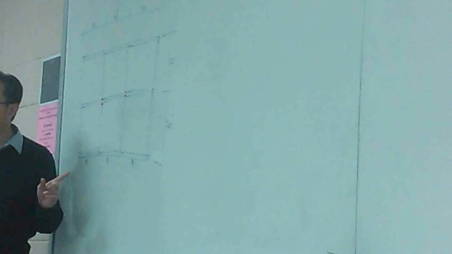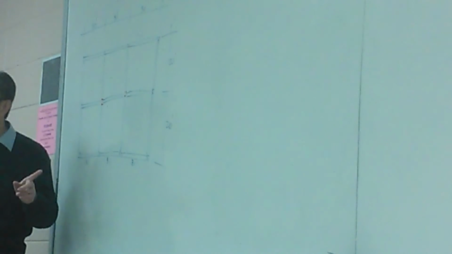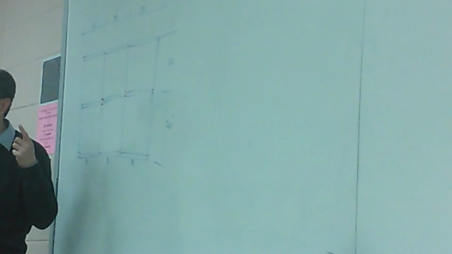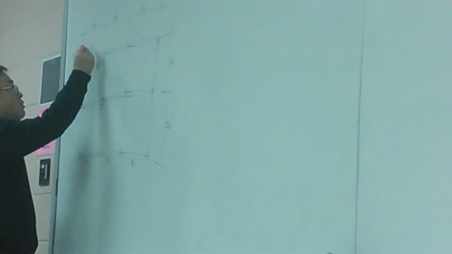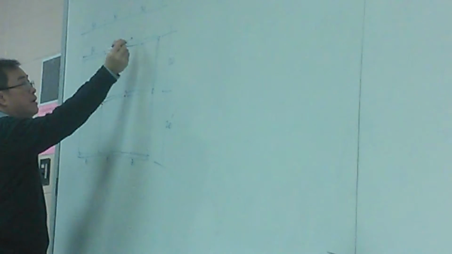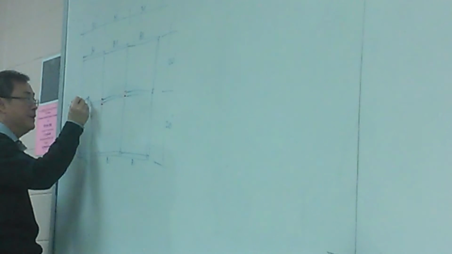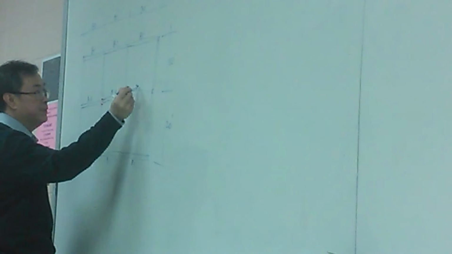Notice the way I label it, B1, B1, B1. It's actually 1 beam with 3 spans, a continuous beam with 3 spans. And probably B2, B2, B2.